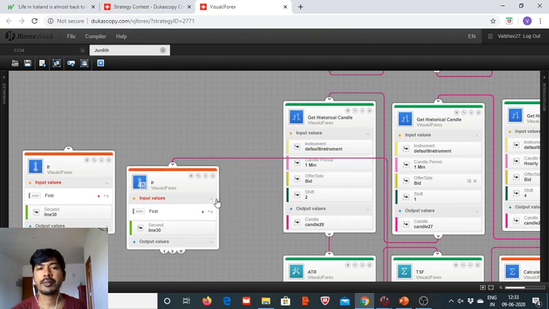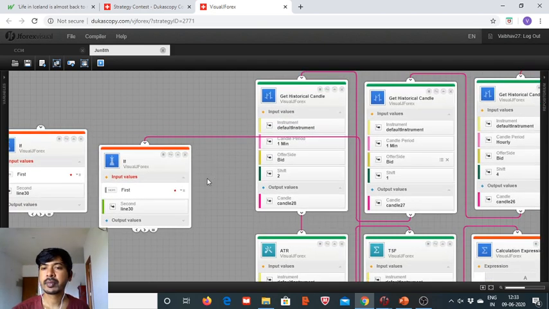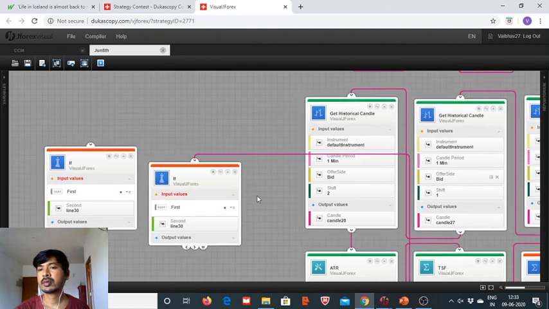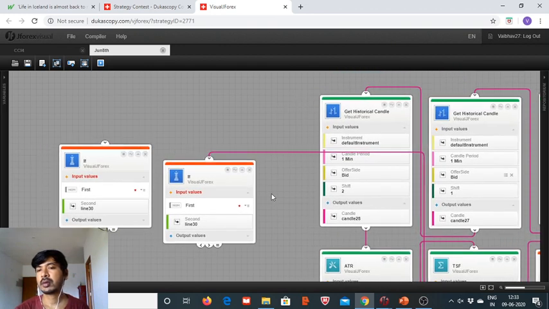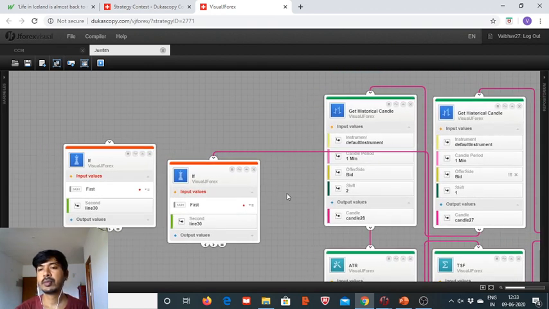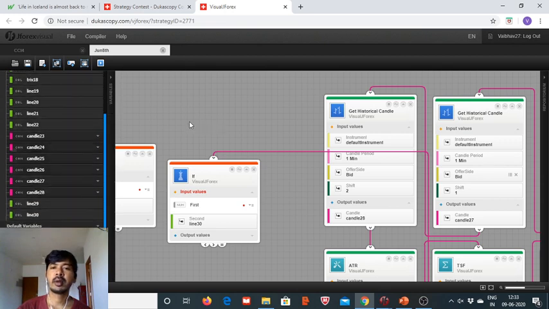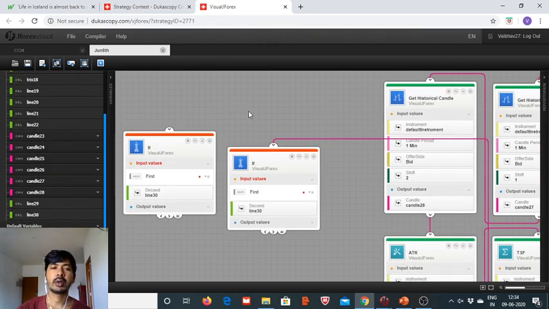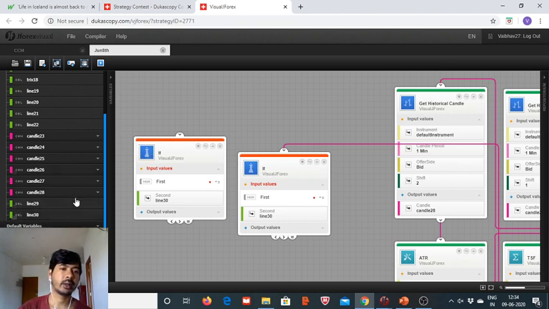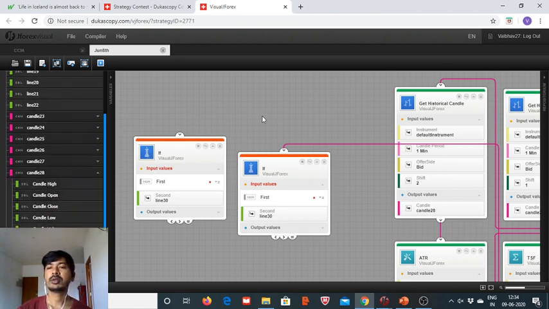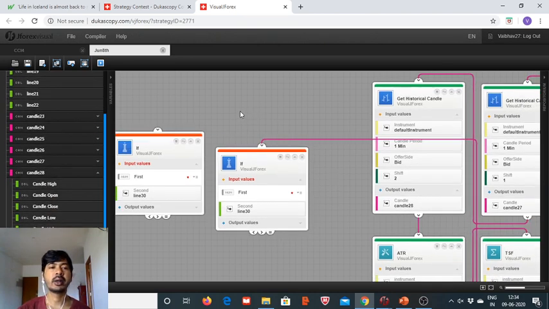for the candle 27 and candle 28. So we take the closing levels, and candle 28 should have closed below line 30, and then candle 27 should close above line 30.